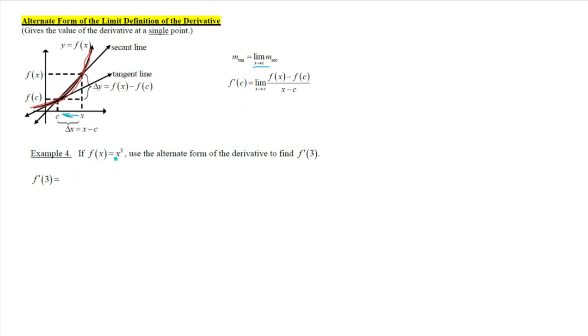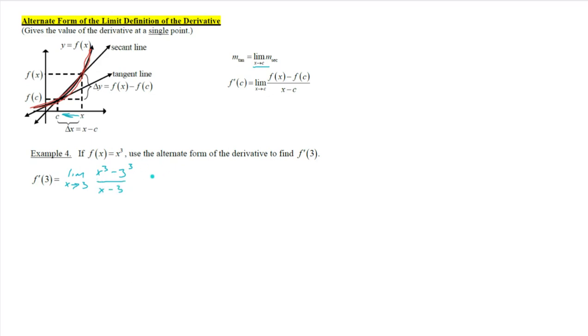This is our f of x is equal to x cubed, and we're looking, using the alternate form, to find the f prime of 3. So we're going to go ahead and write this up. We've got the limit as x approaches 3 of x cubed minus, that's our f of x, minus 3 cubed, okay, that's our f of 3, and that's all over our x minus 3.